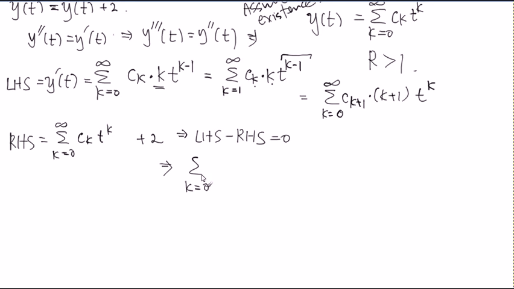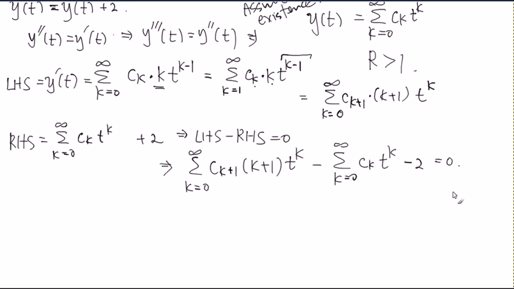The sum from k equals 0 to infinity of c_(k+1)(k+1) t^k, minus the sum from k equals 0 of c_k t^k, minus 2 equals 0. This power series we're looking at happened to be the 0 function.